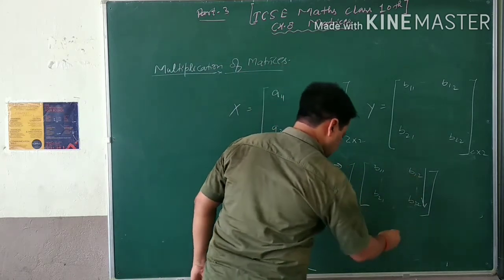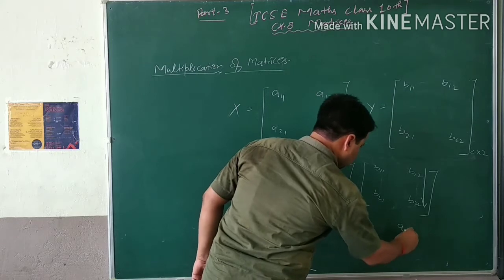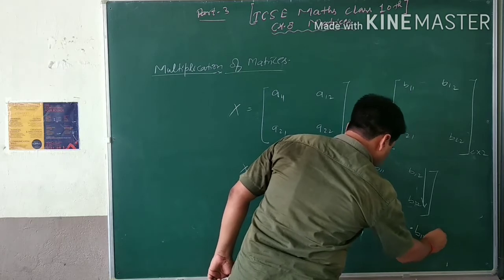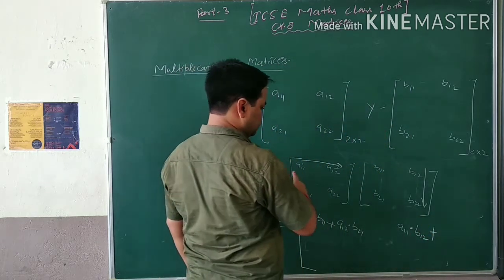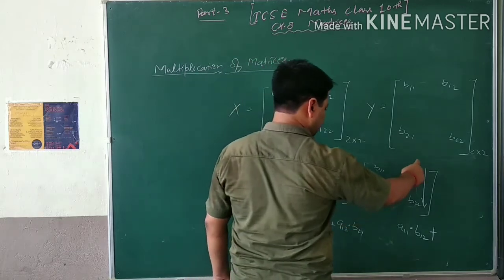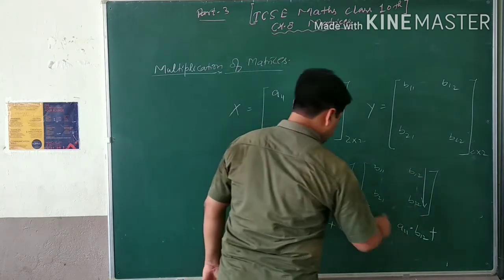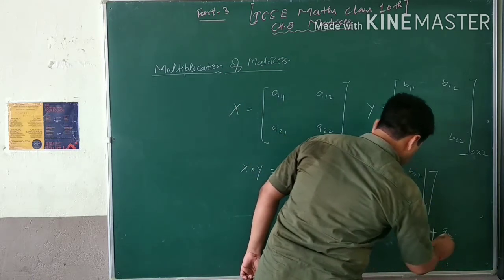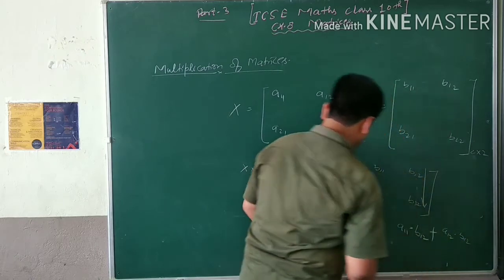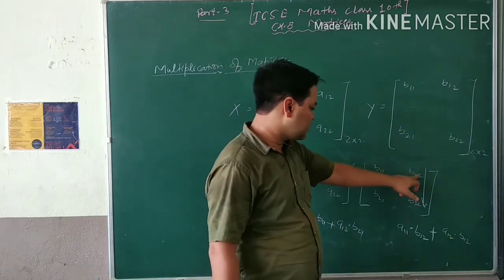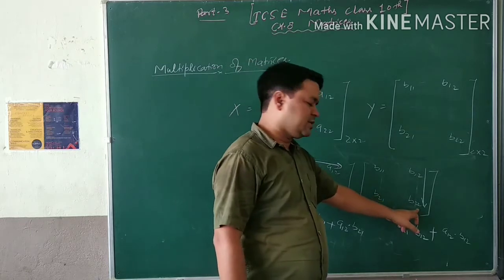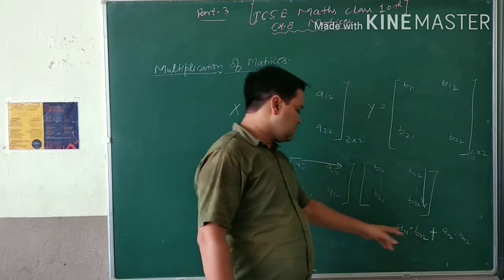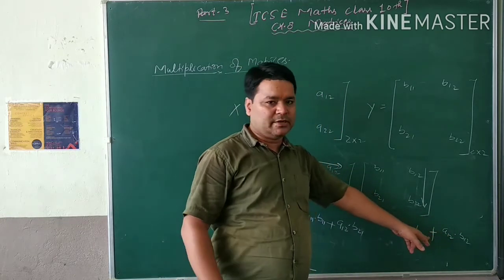Then A11 into B12 plus A12 into B22. We multiply this element to this element plus this element to this element. Okay, this is the resultant. This is the first row of the resultant matrix.